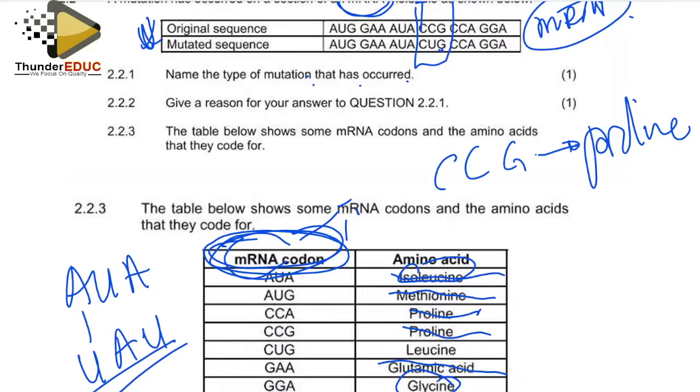And then CUG codes for leucine. Okay. So you see that? Will the protein change? Yes, the protein will change. How will the protein change?